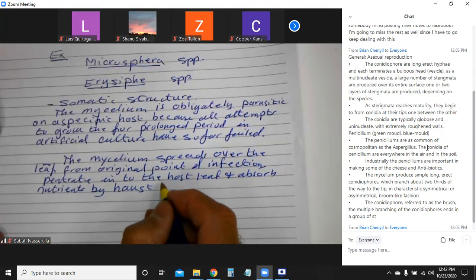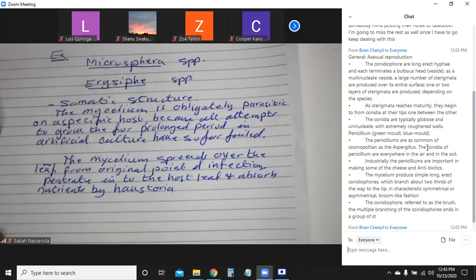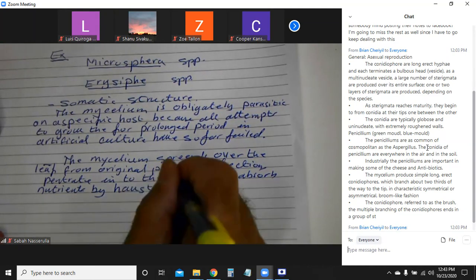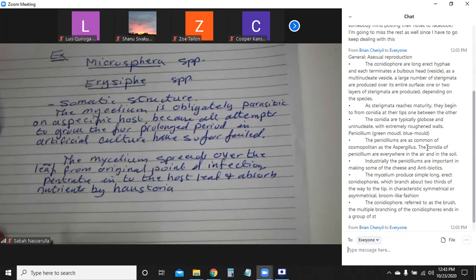Remember haustoria, we mentioned these filaments. Now, I will explain this point to you. Usually the hyphal cells of Erysiphe or Microsphaera are uninucleate.